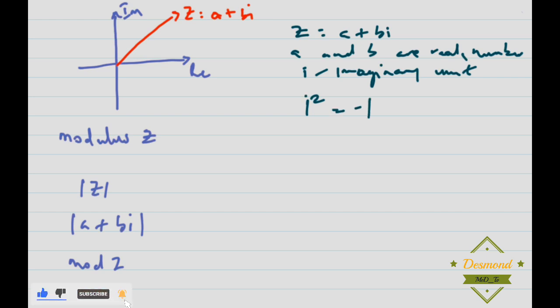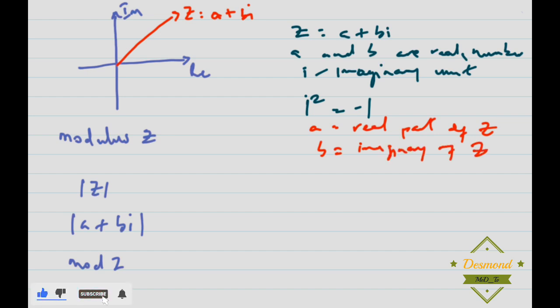Now, in this complex number, the a is the real part of the complex number z, and the b is the imaginary part of the complex number z.